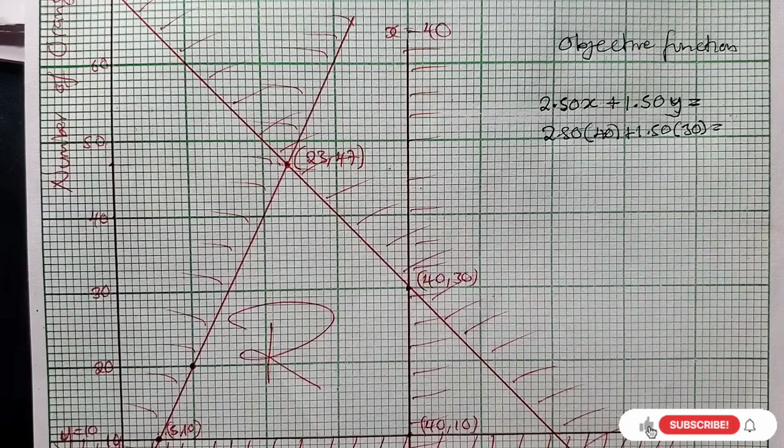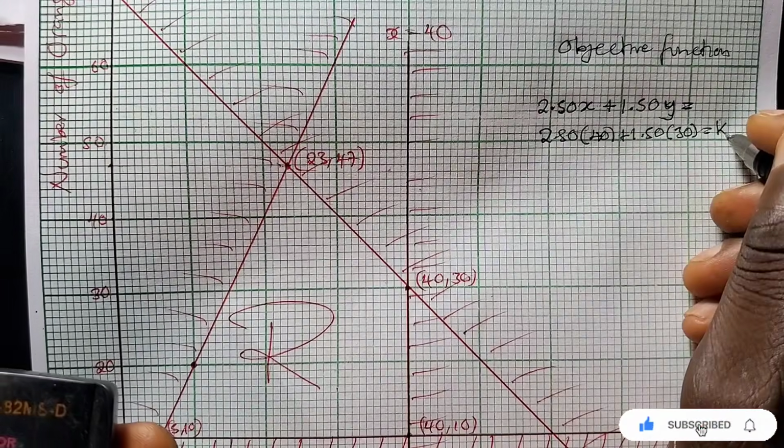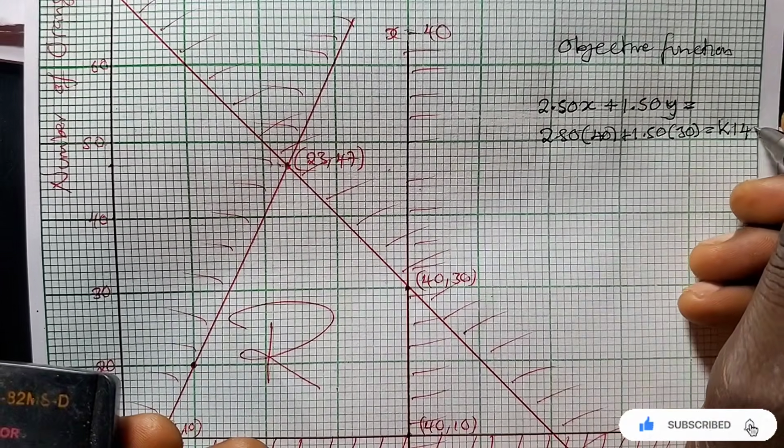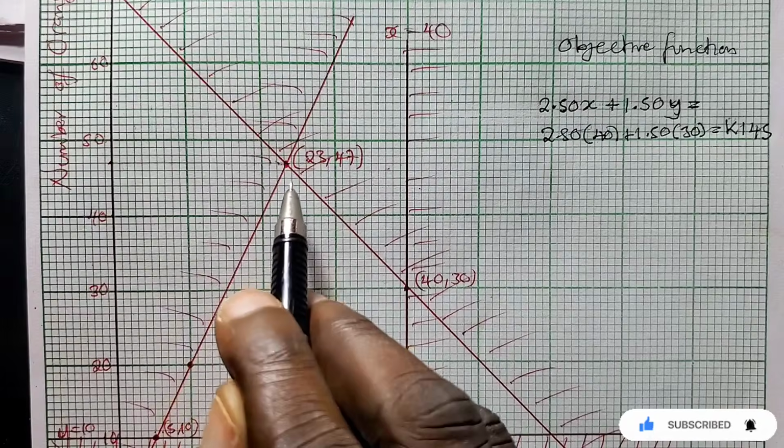We're going to say 2.5 open bracket 40 close bracket plus 1.5 open bracket 30 close bracket, and this is giving me 145. All right, this is in terms of money, 145.